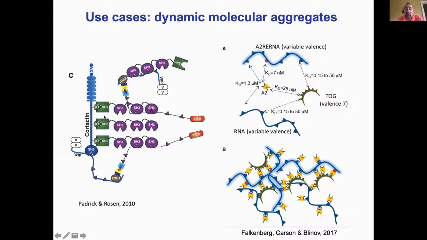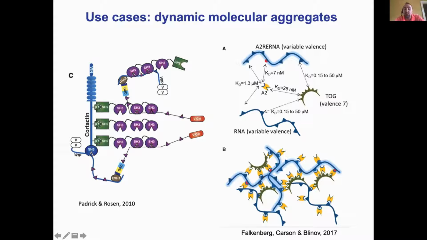And this picture looks easy, but you can guess that on these three sites you can recruit other SH3s, and on free SH2s you can recruit other nephrins. So this system becomes intractable. It's a large molecular aggregate.